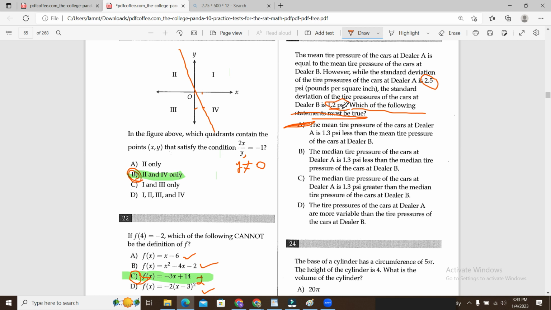So of course A is more variable, right? So the answer should be D, and I could be wrong, so it's D.